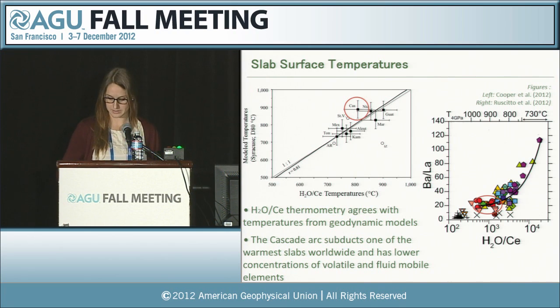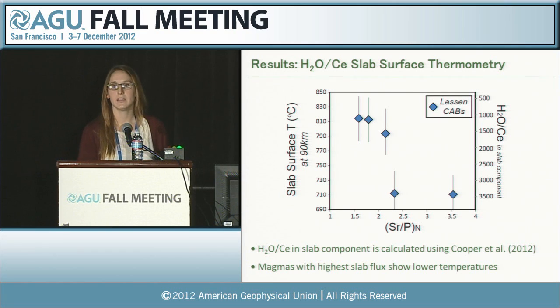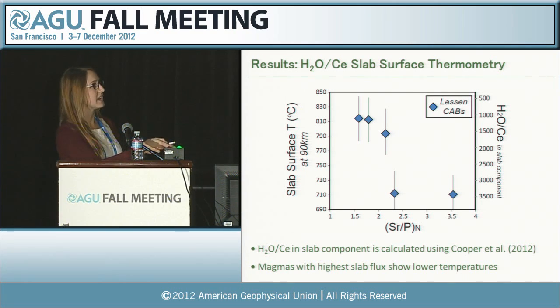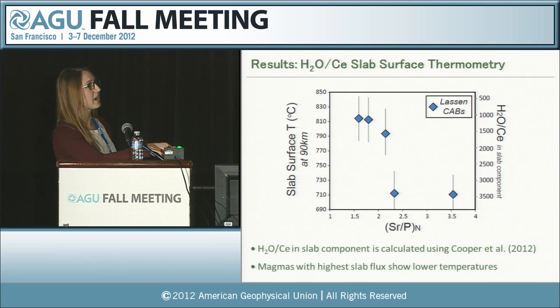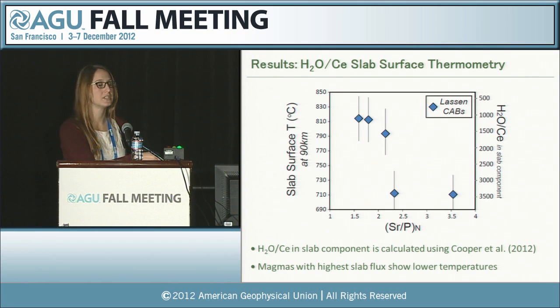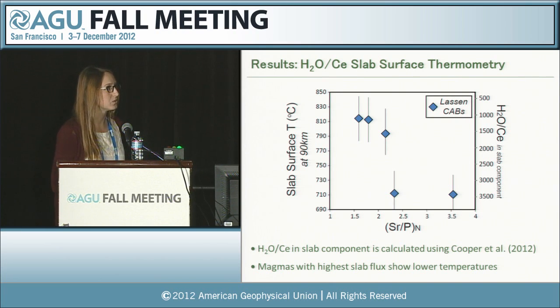Now looking at the slab surface temperatures calculated from our calc-alkaline basalts in the Lassen area, on the left we have slab surface temperature all calculated at 90 kilometers, which is the depth to the slab below Lassen Peak. And on the right we have now water-cerium in the slab component, which is calculated using methods from Cooper et al. 2012.